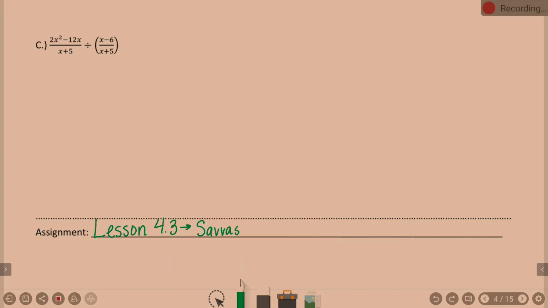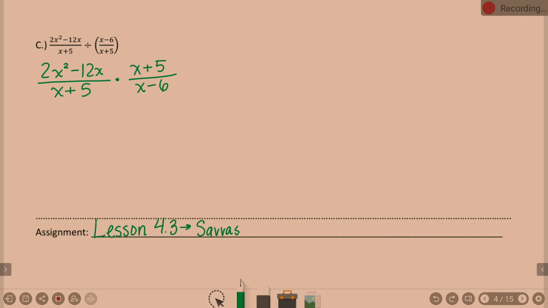Keep the first fraction, change division to multiplication, and flip the second fraction. Okay. This one doesn't look too bad.